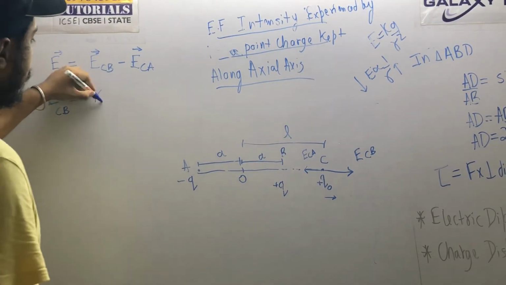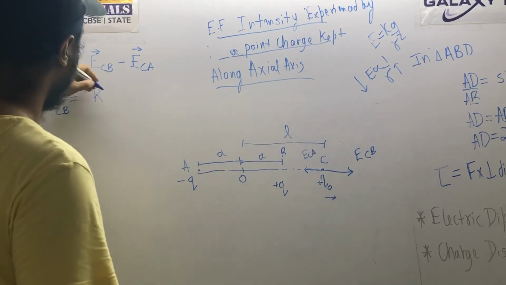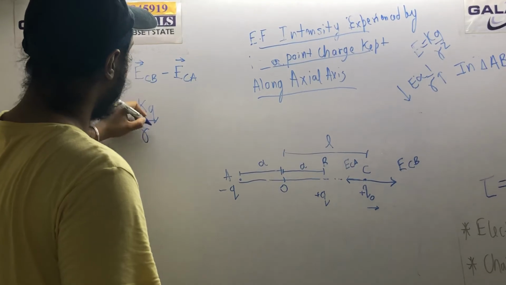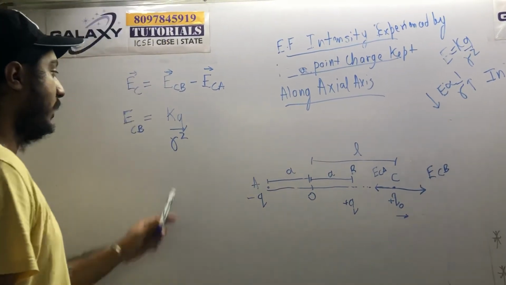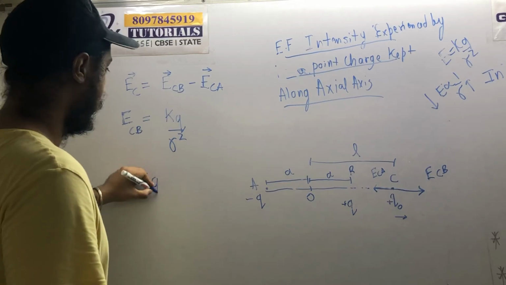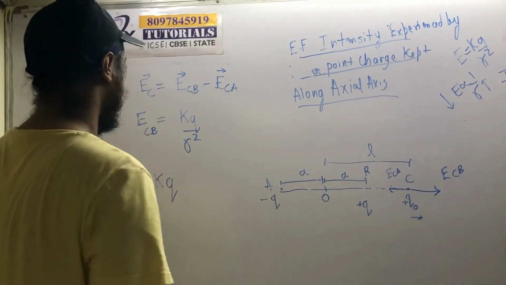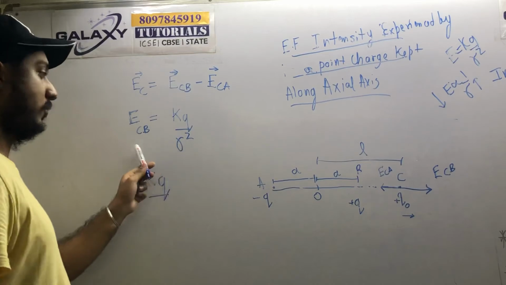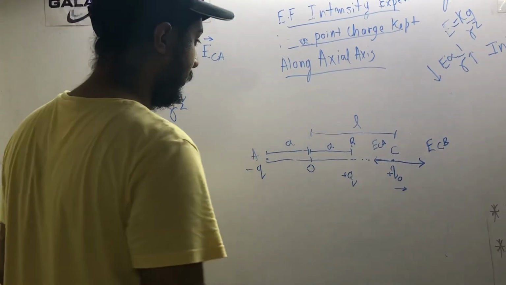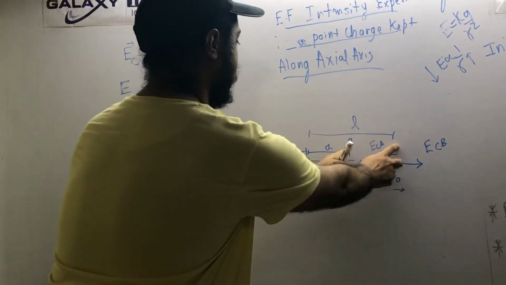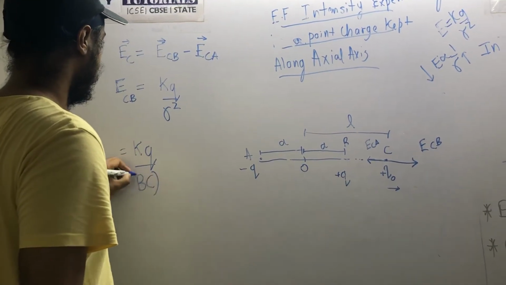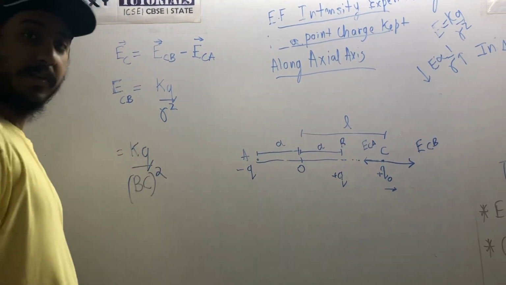It is KQ upon R square. So what is the value of Q? This plus Q. Okay, charge is Q. What is the distance R? Distance R will be this distance, BC square.